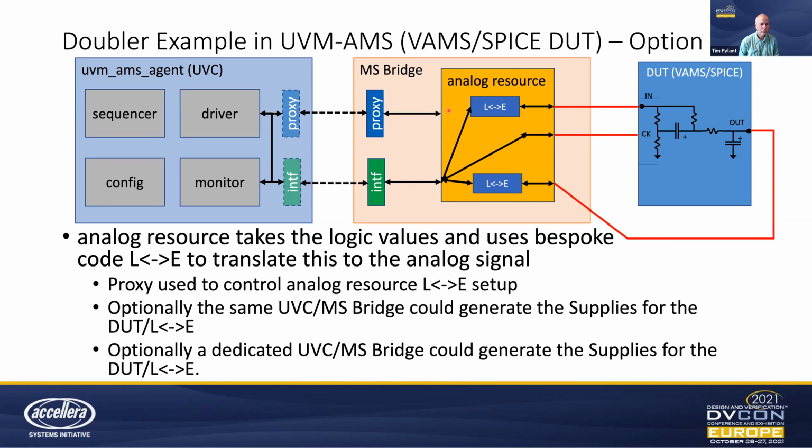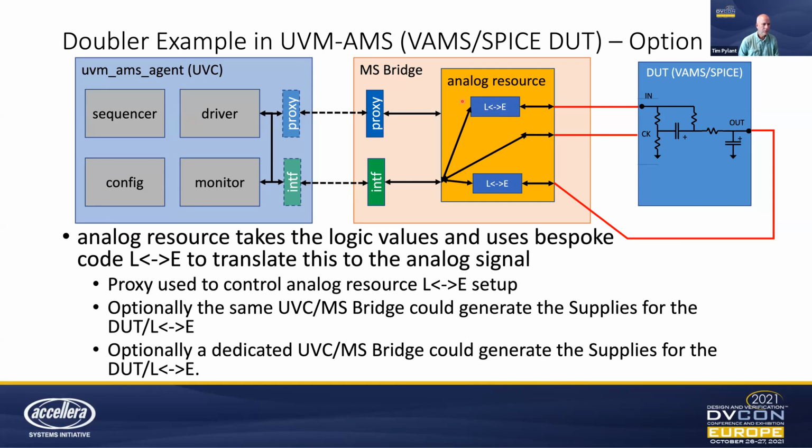So that's how you would use the different variations of your analog resource: between real numbers that are very straightforward, just interface values driving straight through to the DUT; a VAMS model that uses the same real numbers, but you have to put some sort of a conversion element in there to convert from the real number to the electrical, but that's a very direct method; and then finally using an analog resource that takes in logic values, in which case you have to program the analog resource to understand what a logic 1 is, where you program the VDD.